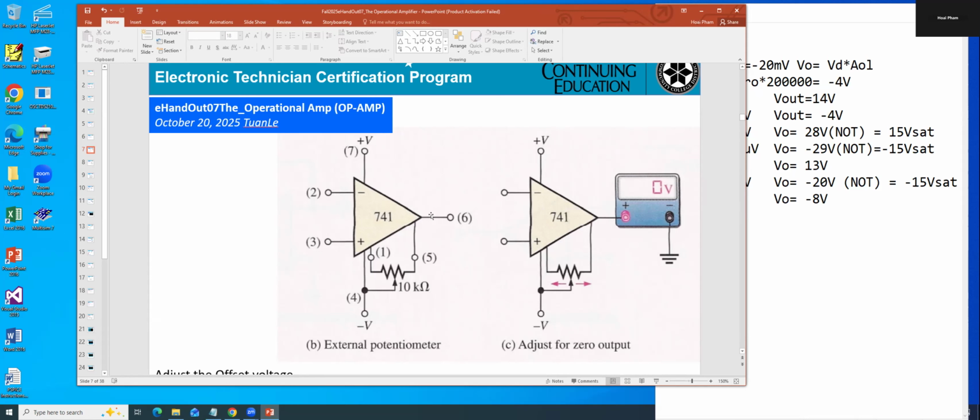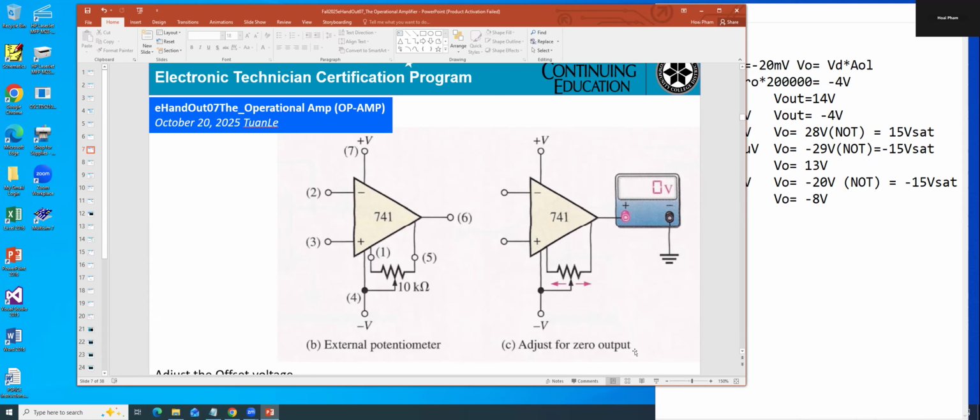So you get 10 millivolt, for example. And now what they have to do is connect pin 1 and pin 5 to a variable resistor, 10 kilo ohm. And they adjust the resistor until output is 0. That adjusts for 0 output. You have to know that one.